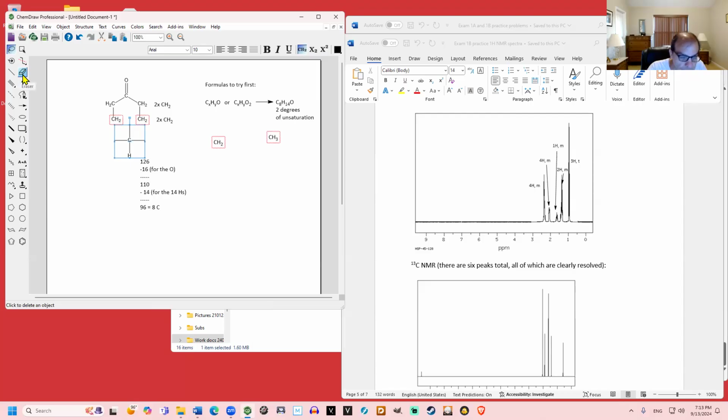In other words, we would have a carbon with 1 bond to something else and 1 bond to a hydrogen.